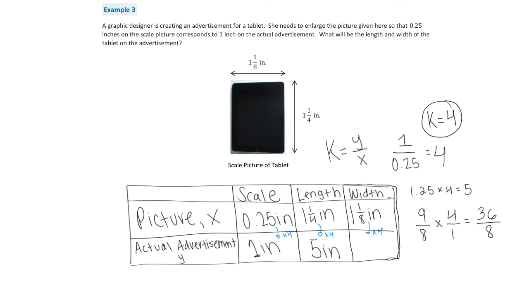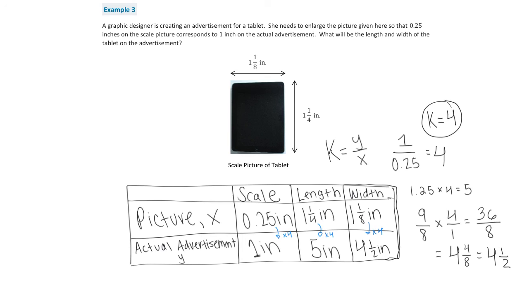Now, if we were going to turn this into a mixed number, 8 goes into 36 4 times, and we have 4 left over, and then keep 8 as our denominator. Now we can see this fraction here can be simplified, and we can simplify it down to 4 1/2. So now we know that our width is 4 1/2 inches.